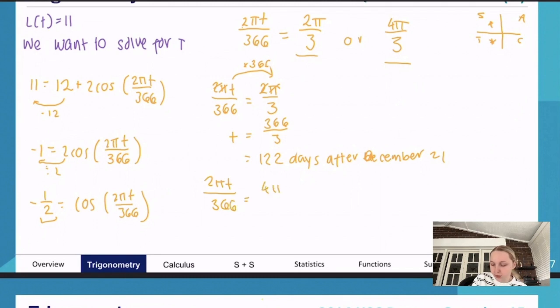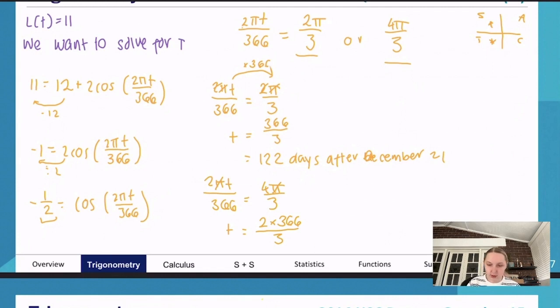And then we're going to do the same thing with our second solution, which is 4 pi on 3. With this one, we can cross our pi's out on both sides. Then t is equal to 2 times 366 on 3.